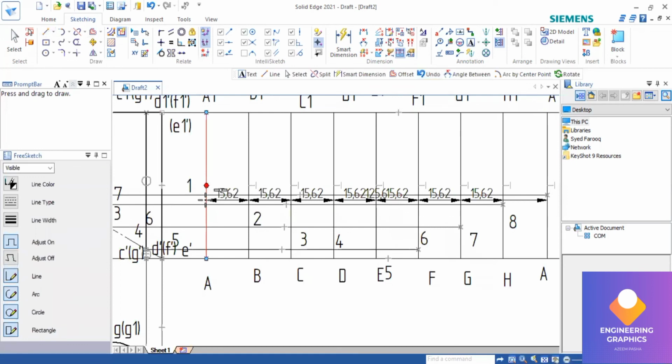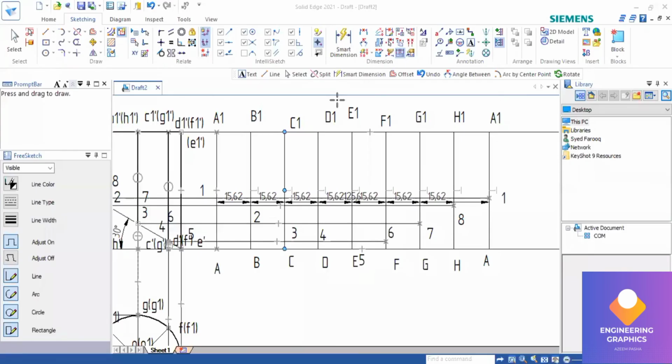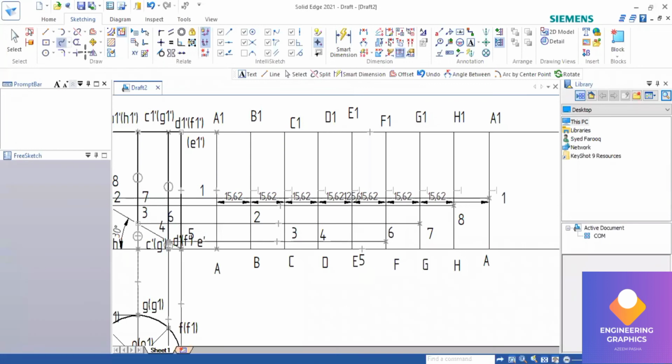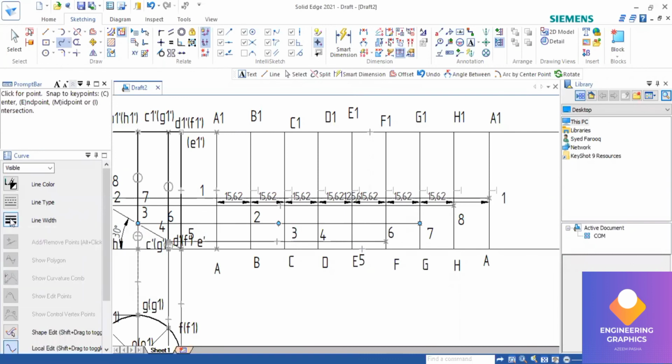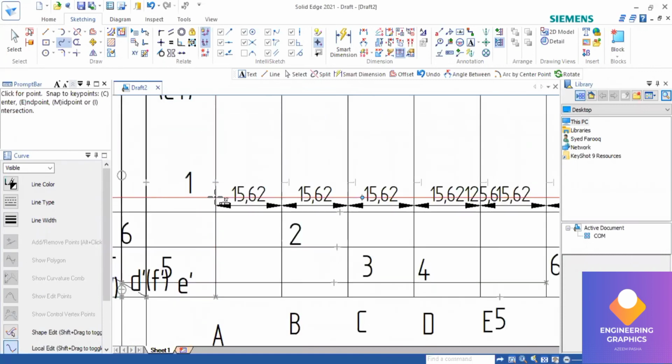I think the curve command is not selected here. Okay, select the curve command. Yes, from 1, select the thick line. Take exactly the intersection point. Okay, I think I joined wrongly here. It is 2, it is falling above F8.